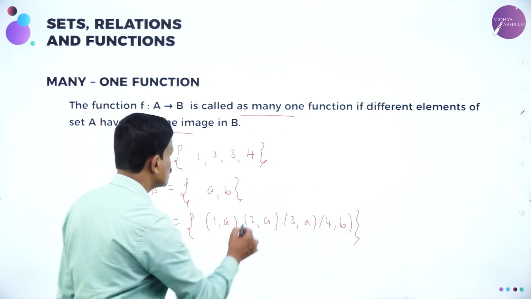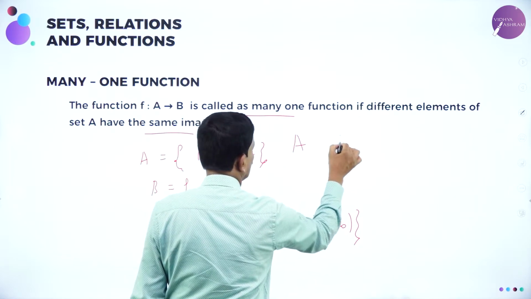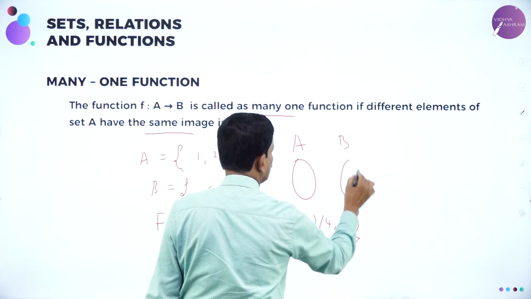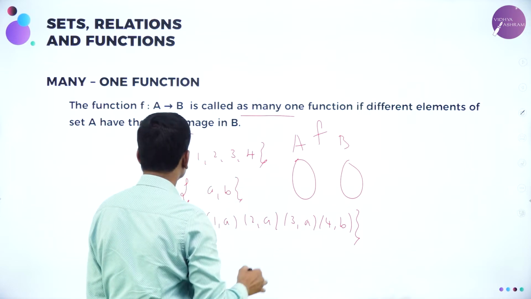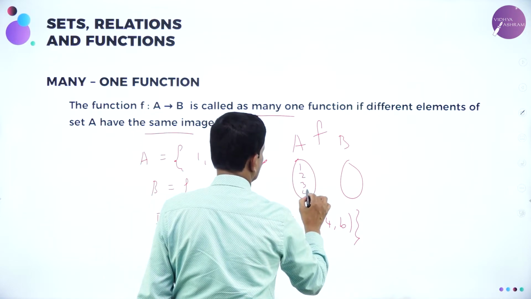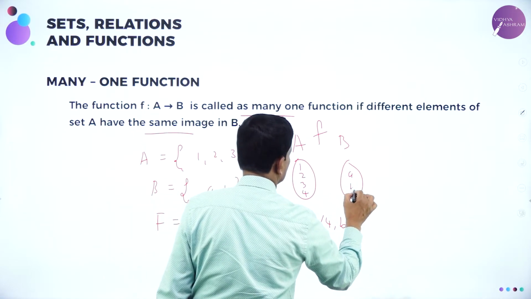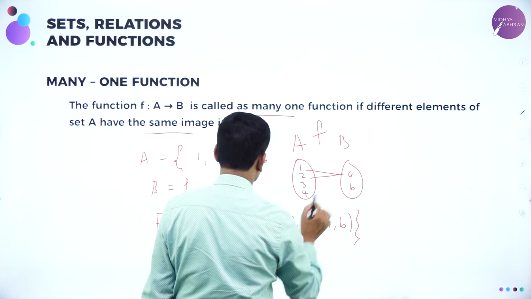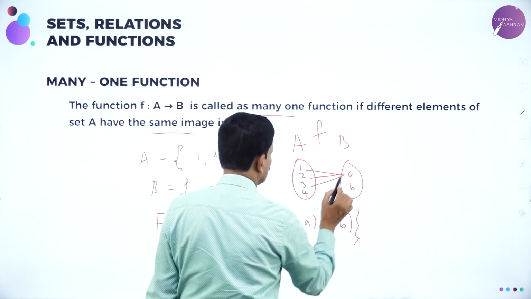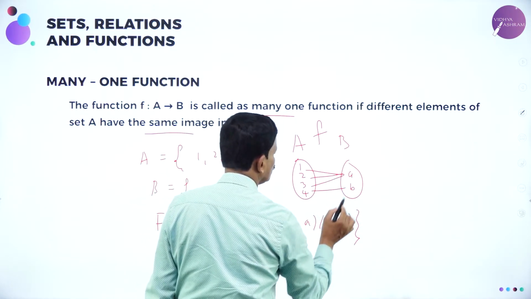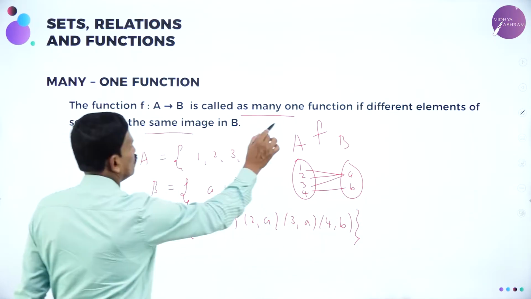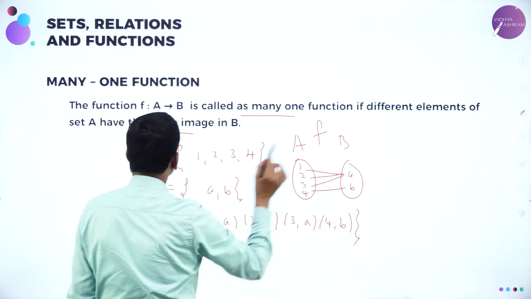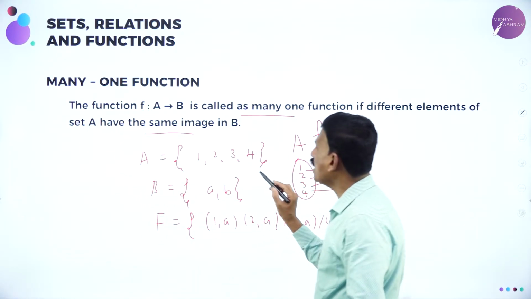Check whether it is a function or not. A contains 1, 2, 3, 4. B contains A and B. Mapping 1 to A, 2 to A, 3 to A, and 4 to B. See here, it is a many one function if different elements of the set A have the same image.